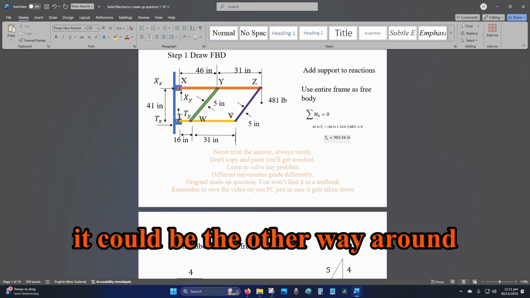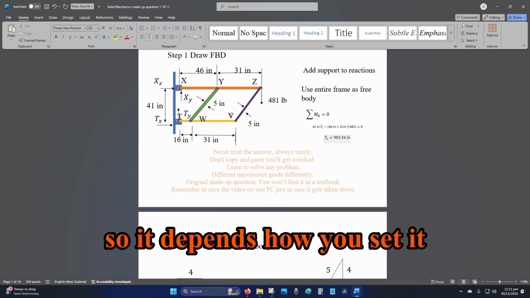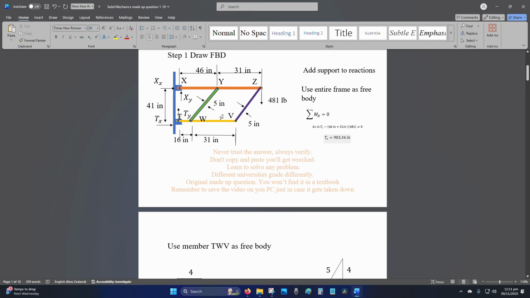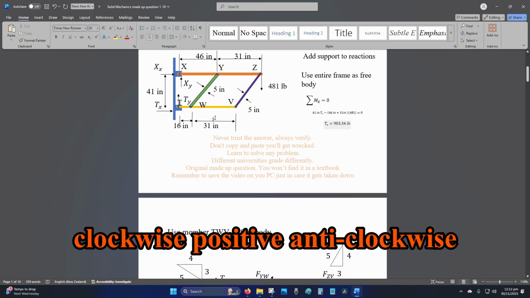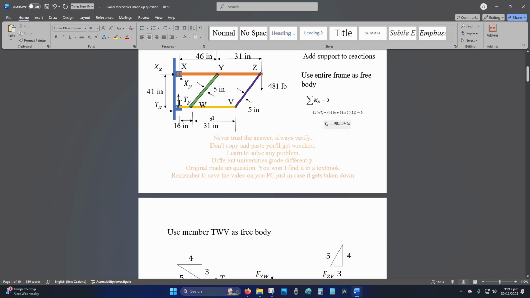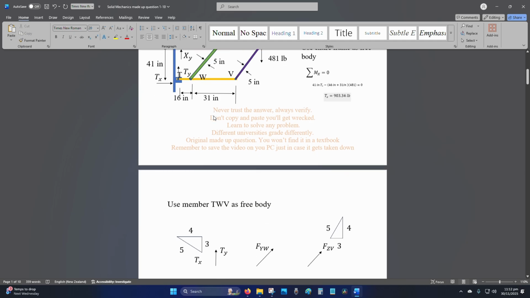It could be the other way around, so it depends how you set it. Okay, so let's go with clockwise positive, anti-clockwise negative.